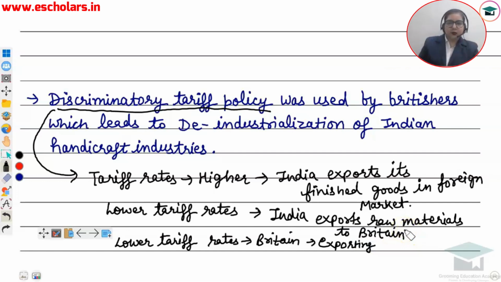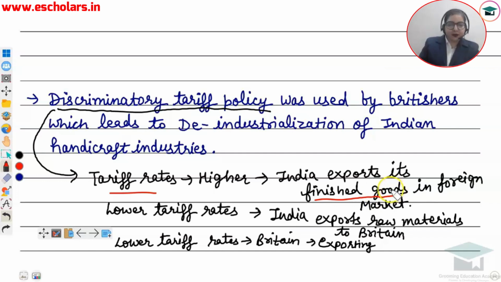Okay. So here you can see that there was a partiality done between India and Britain on the ground of tariff rates charged on the products of India and Britain. Right? Students, here we need to note why the tariff rates on finished goods, or you can say Indian handicraft goods, were higher if India was exporting its finished goods or handicraft goods in foreign market.